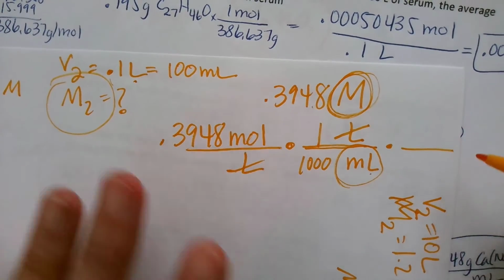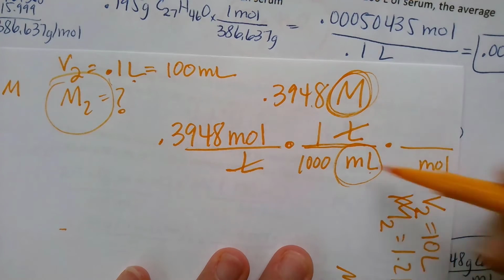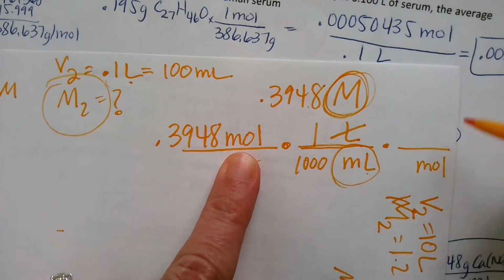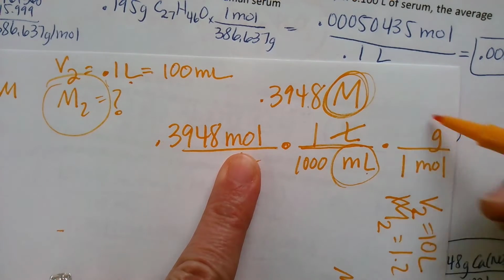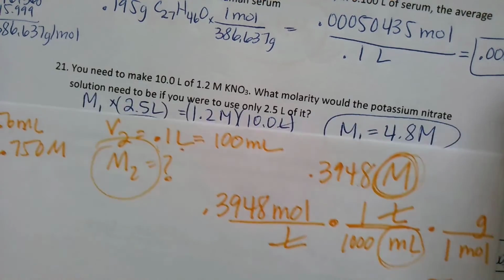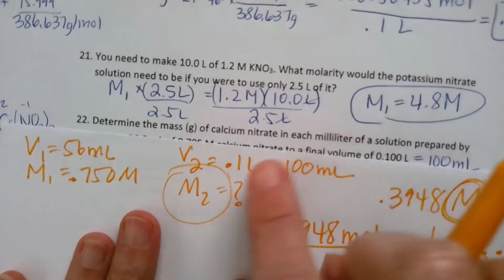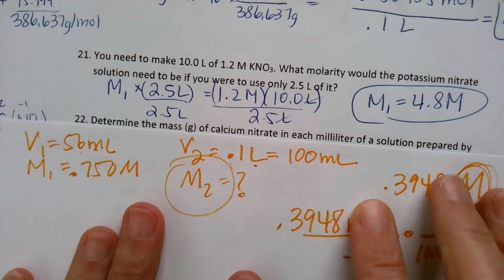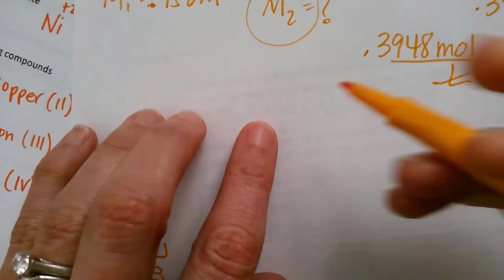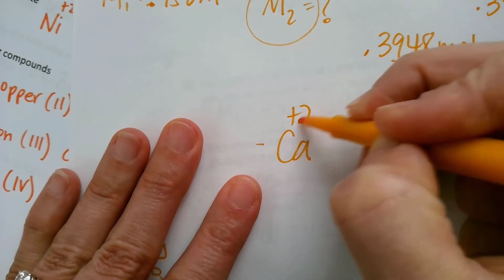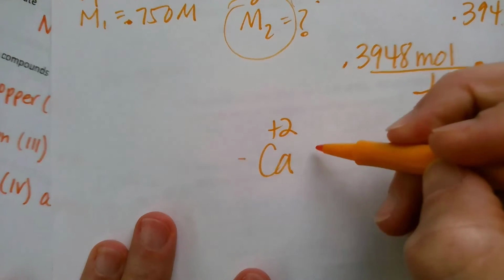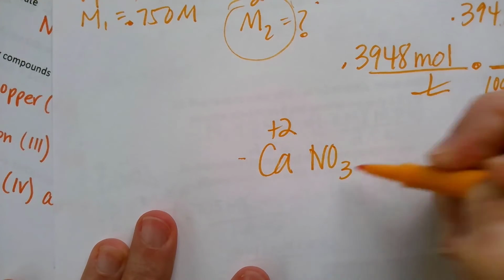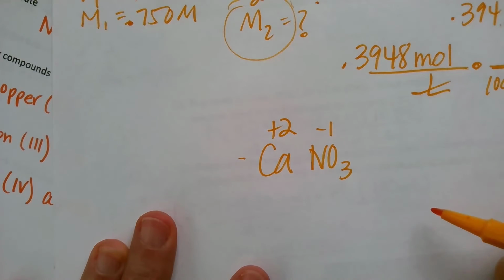So how do I get rid of moles? I would need moles on the bottom because I have moles on top here. And I need grams on top. And we know that for every 1 mole, we can look at the molar mass of, what is it? Calcium nitrate. So calcium is a +2 because it's in my second column. And then I would look at my polyatomic ion sheet and see that NO3 is a -1.